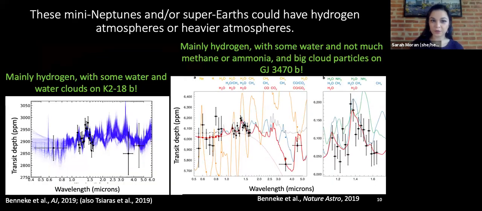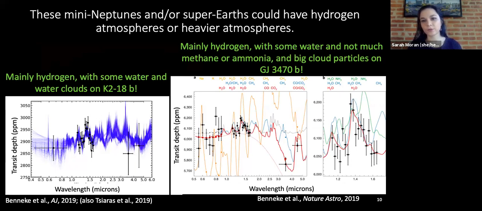Luckily, we are slowly pushing toward observations of smaller and smaller planets. And so I was really excited last year when these two results came out that we're finally getting detections of atmospheres on mini-Neptunes. So on the left, you're looking at K2-18b, a mini-Neptune that's actually in the habitable zone of its parent star. And so we think we see water and water clouds in its atmosphere.